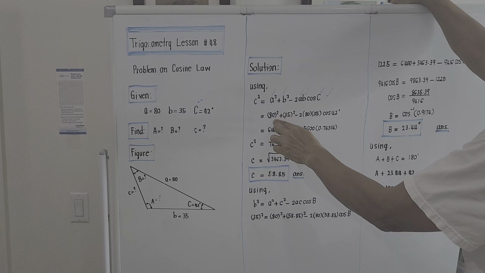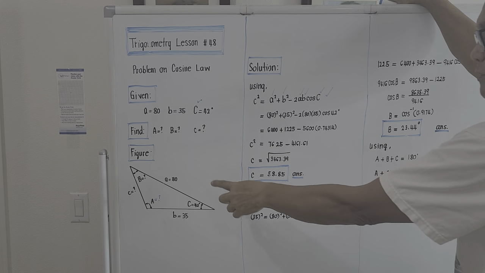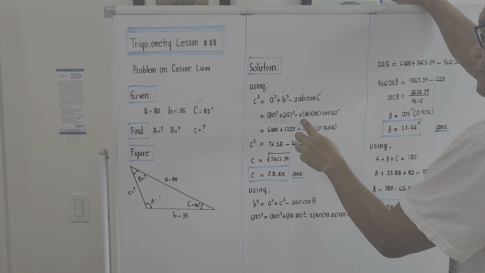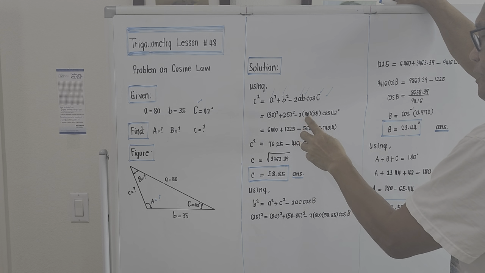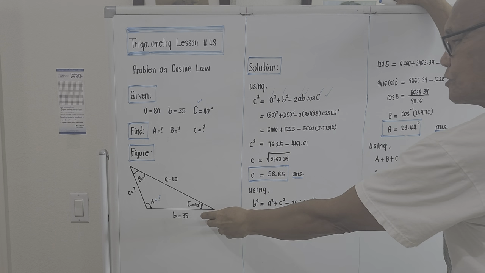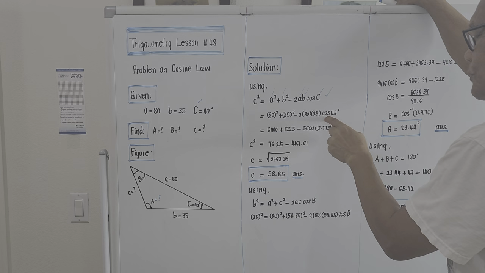A is 80, B is 35, this is minus 2, times AB, which is 80, the value of B is 35, and the value of angle C is 42 degrees, so this is cosine of 42 degrees.